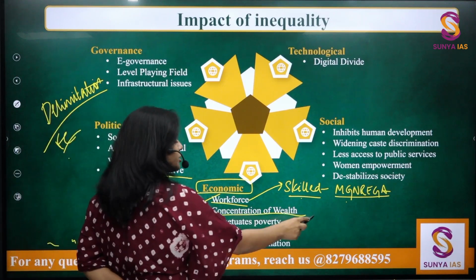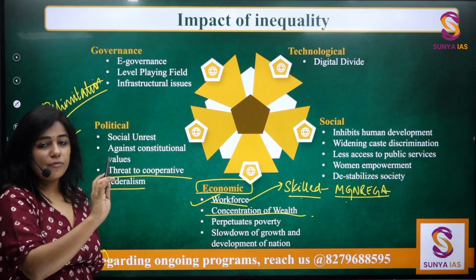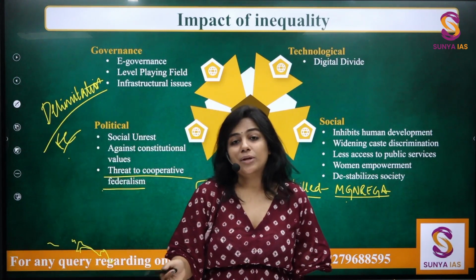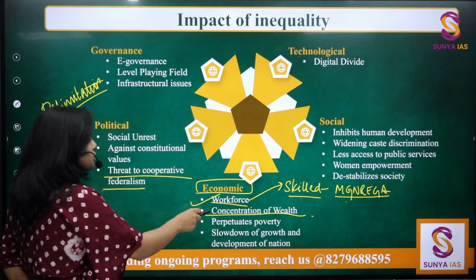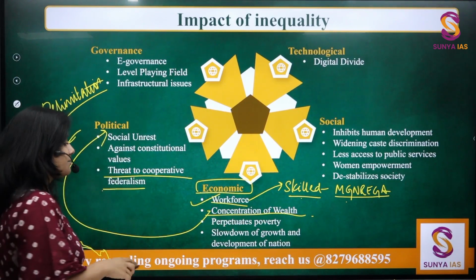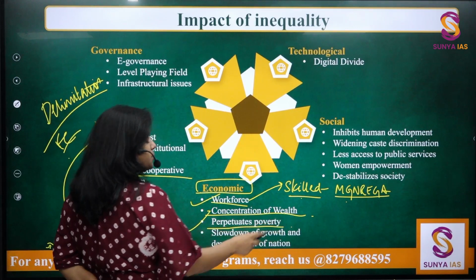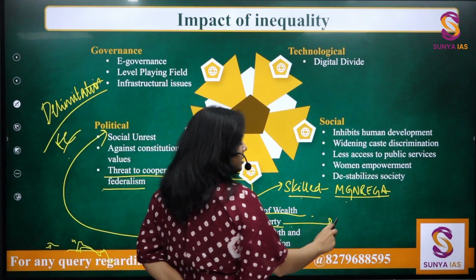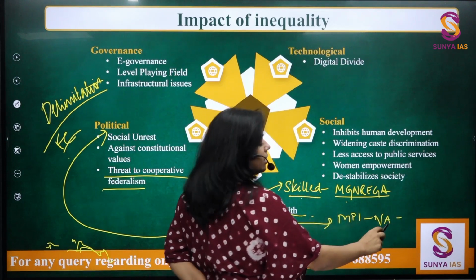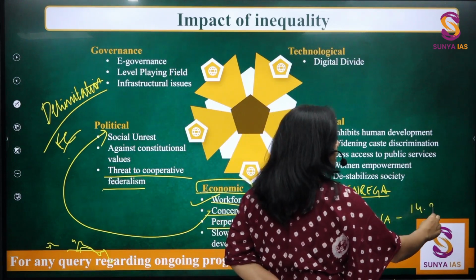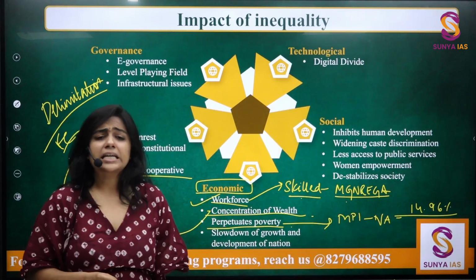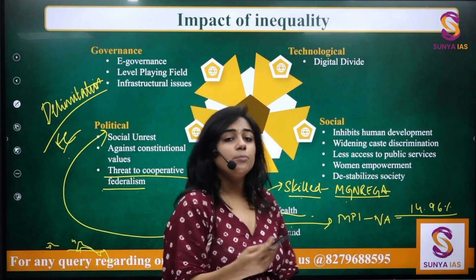Then there's concentration of wealth. This is the impact we have talked about. So cause also, impact also, right? And this concentration of wealth will lead to social unrest. Are you understanding? It perpetuates poverty. According to the multidimensional poverty index of Niti Aayog, about 14.96% of people in India are multidimensionally poor.